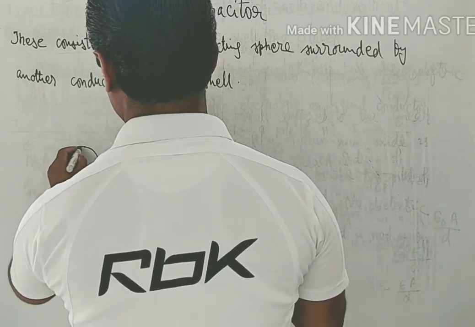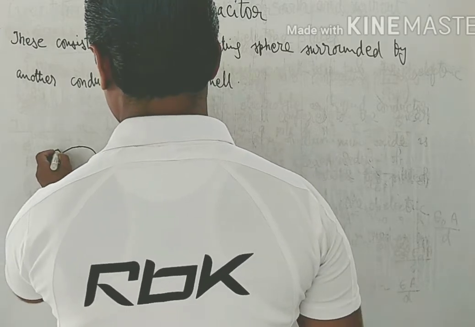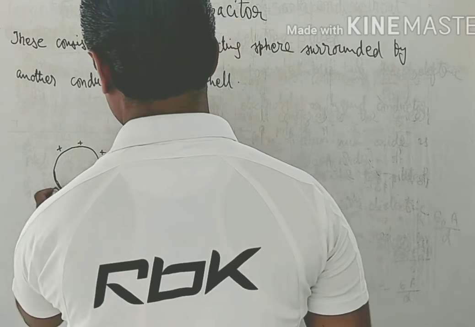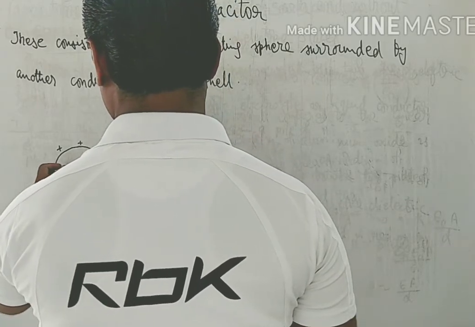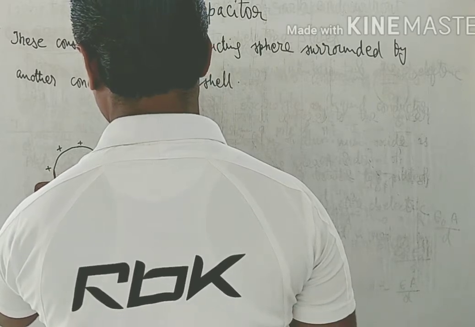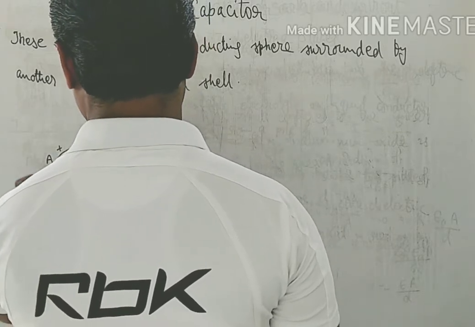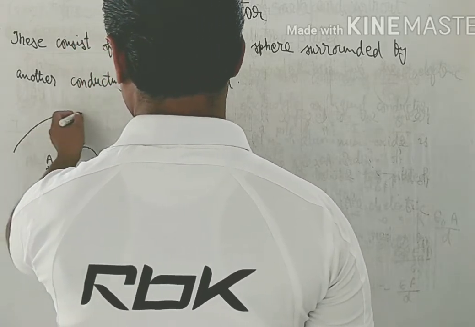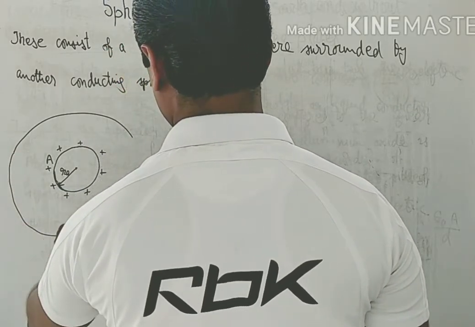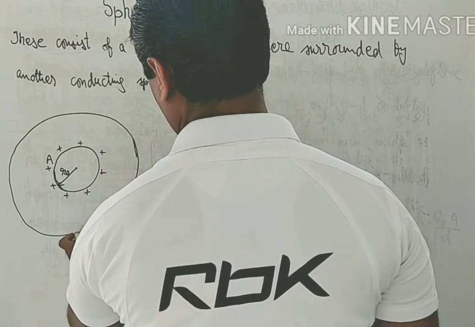Suppose this is the hollow conducting sphere on which we have positive charges on its outer surface like this, and say the radius of this be R A and the sphere be A, and it is surrounded by another spherical conducting shell concentric with this hollow spherical conductor.